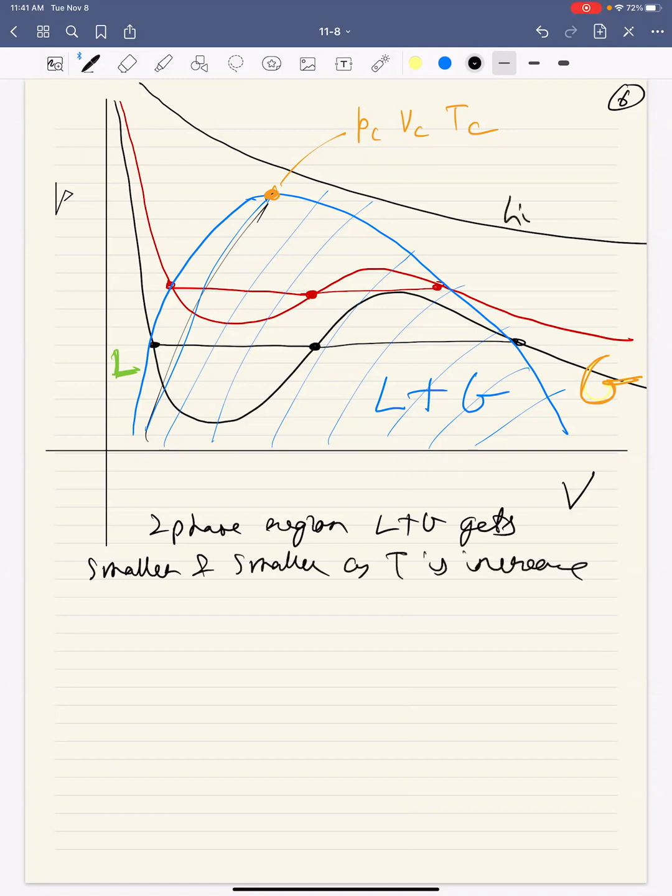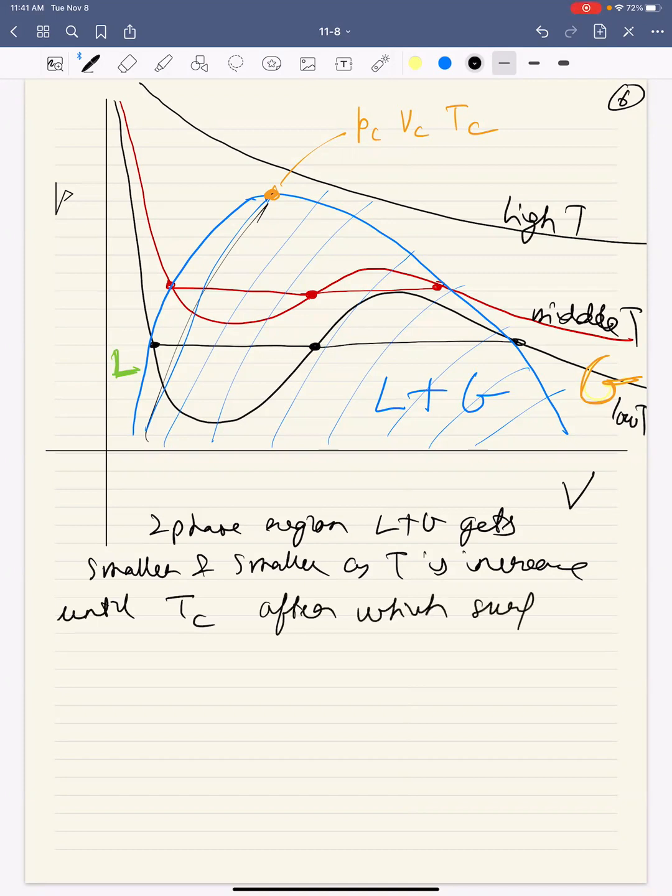So this is high T, this is low T, and this is middle T. Until TC, after which the surface tension between liquid and gas disappears and they kind of coexist almost.